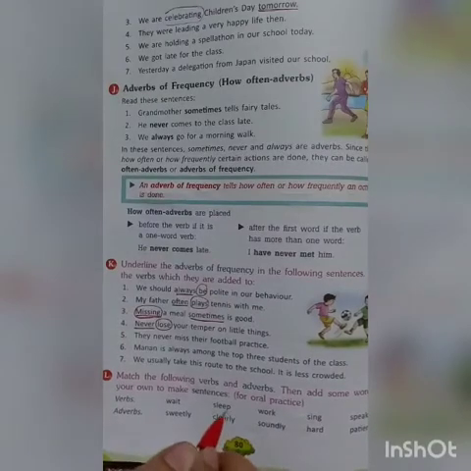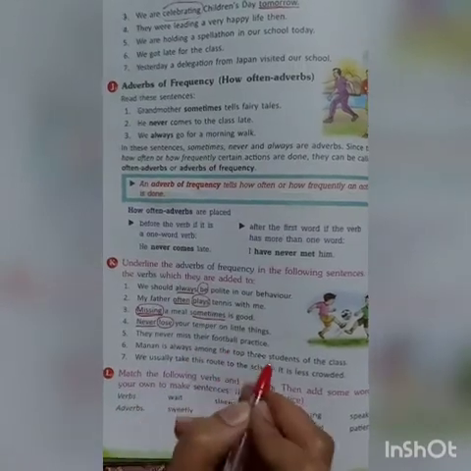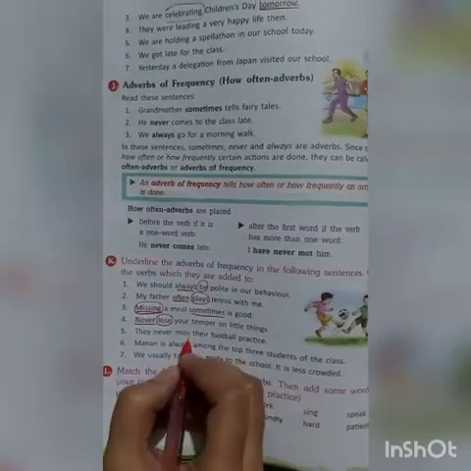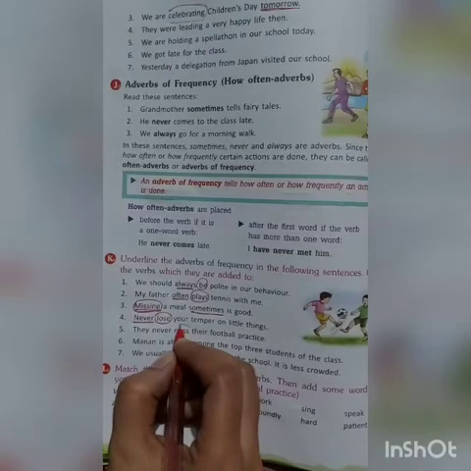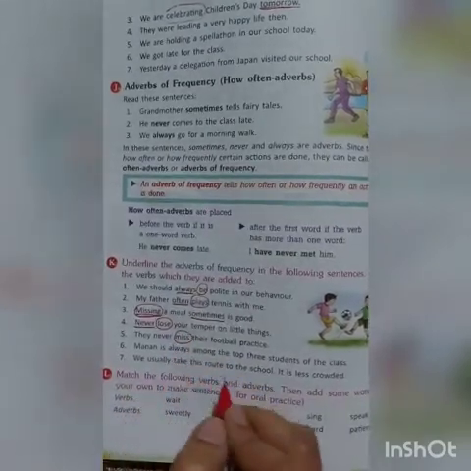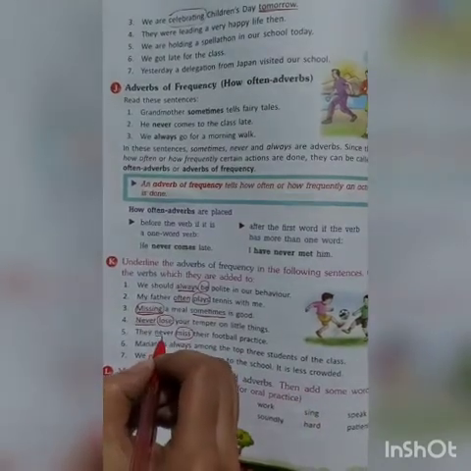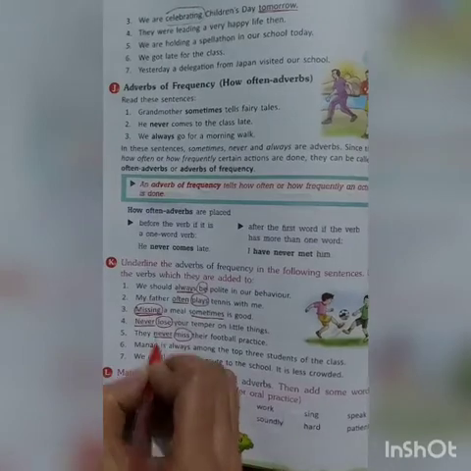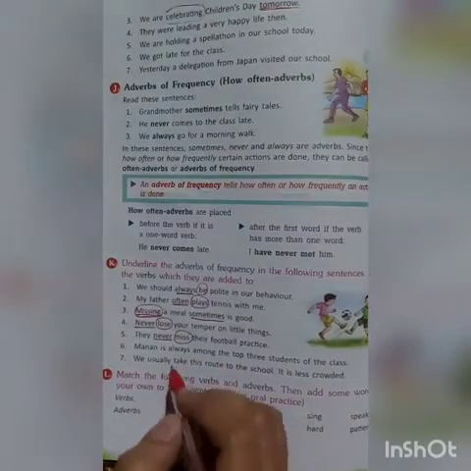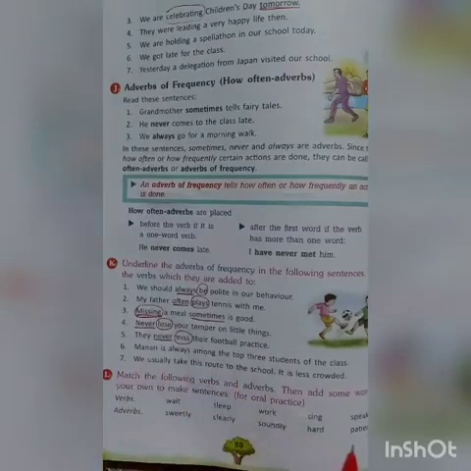Next, they never miss their football practice. So miss is the verb here. And if I ask how often do they miss their football practice, the answer will be never. So never is the adverb of frequency in this sentence. Now, similarly, try to do the next two on your own.